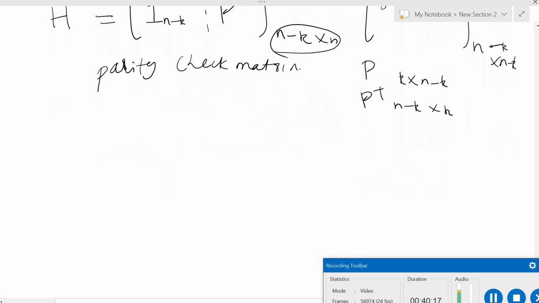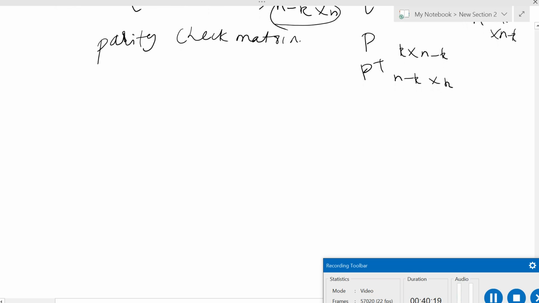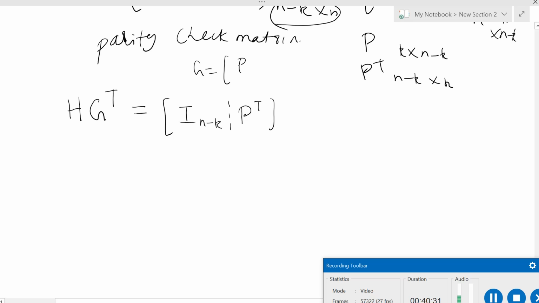And we now have a very special property. Let's compute H G transpose. H is I of n minus k concatenated with P transpose. G was P concatenated with I_k. Now G transpose will be P transpose concatenated with I_k, because I_k transpose is the same as I_k, an identity matrix.